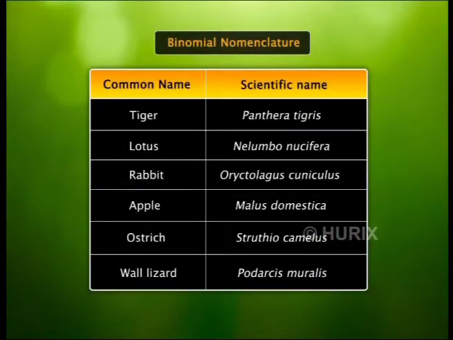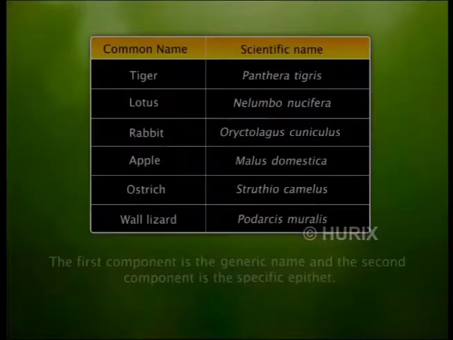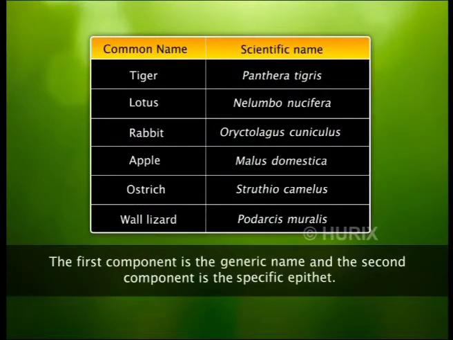In all the examples that you saw, did you notice that the scientific name consists of two parts? This system of providing a name with two components is called binomial nomenclature. The first component is the generic name, and it denotes the name of the genus to which the organism belongs.